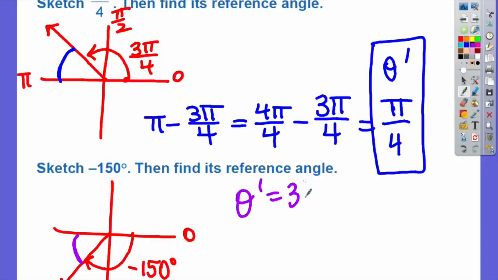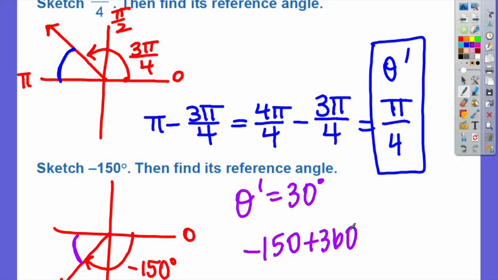Now, if you're wondering how that fits into the formula, the angle has to be between 0 and 360. So if you're going to use the formula, you have to find a coterminal angle to negative 150. How do you find coterminal angles? Add or subtract 360. In this case, since it's negative, I want to add 360.